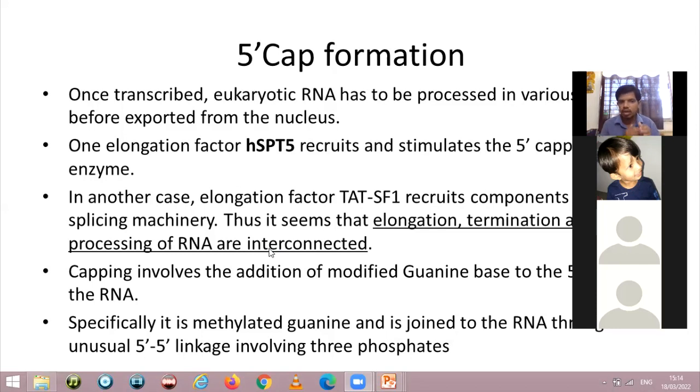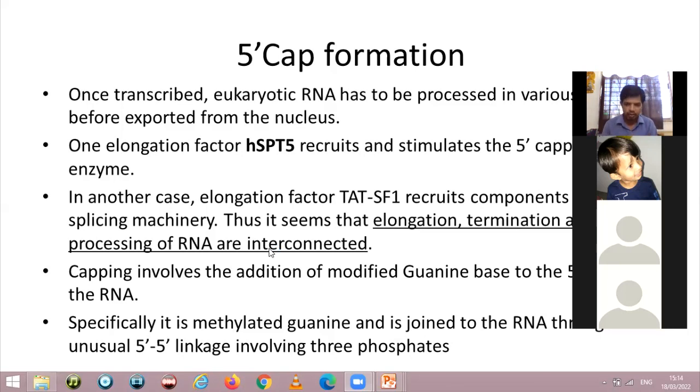But here, according to our third point, it is given in the text that particularly these elongation factors will help for the elongation, termination, as well as for the processing of RNA. Now, the processing of the RNA means that the splicing mechanism is going on. Over the 5' end of the RNA, as I said, a methylated guanine will be added.